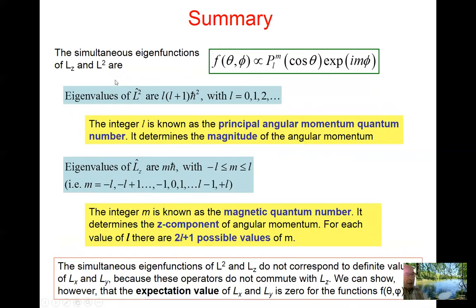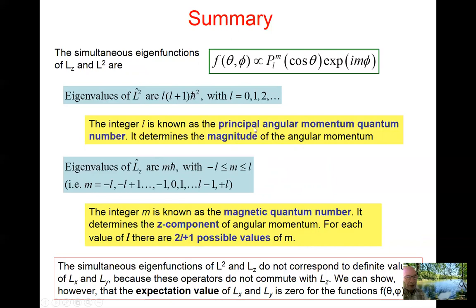So in summary of this part, which I advise you to go through very carefully, and through the solutions, what we find is that eigenvalues of L squared are equal to L times L plus 1 h bar squared, and that M takes these values.